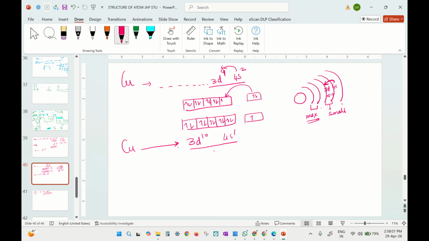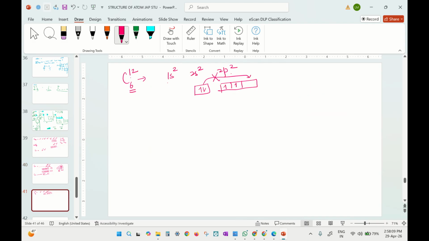But an electron present in s is very, very penetrated. We will talk about something called the penetration effect. An electron present in s is closest to the nucleus, then p, then d, then f. So why have an electron move from an orbital which is very much attracted by the nucleus into an orbital which is not so attracted? Understood?